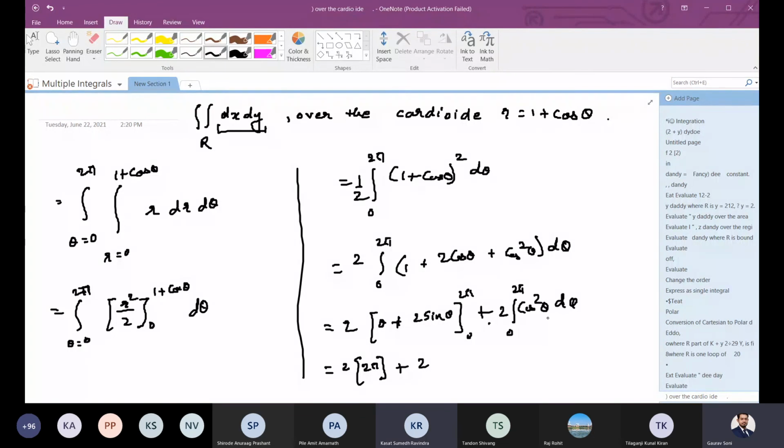Does anyone remember, I guess it is 1 by 2 and not just 2. Which one? Sir, it is 1 by 2. Outside the integration? Yes. That is what I was saying. What about this integral 0 to 2 pi cos square theta? We have the properties of reduction formula there.